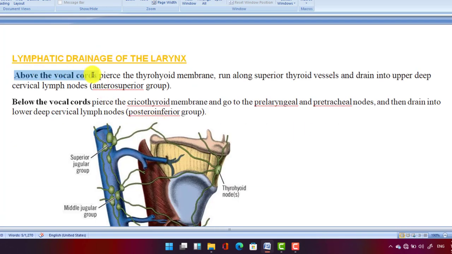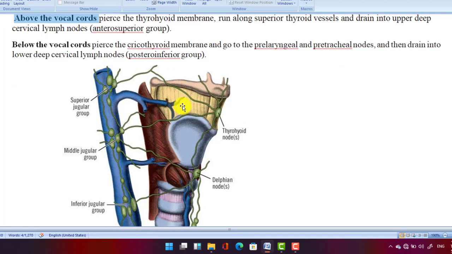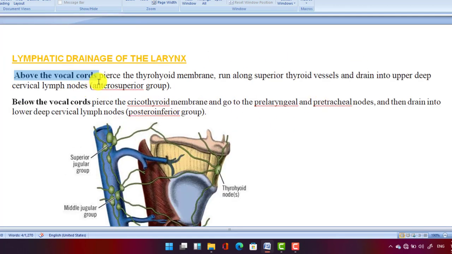Again, above the vocal folds, there are lymph vessels which pierce the thyroid membrane. This is called the thyroid membrane, as in the previous lecture we have discussed. You can see there is a hole, a foramen, in which these veins and lymphatics enter. So look carefully. Above the vocal folds, they pierce the thyroid membrane, run along the superior thyroid vessels and drain into the upper deep cervical lymph nodes.